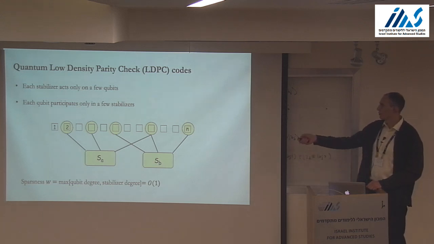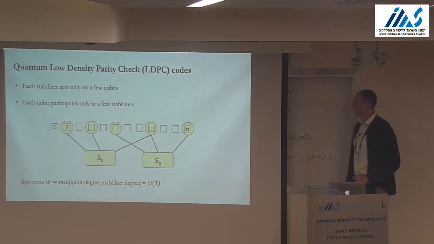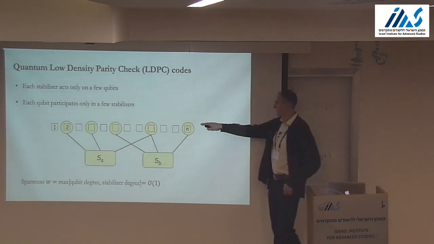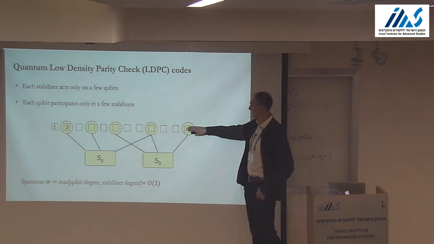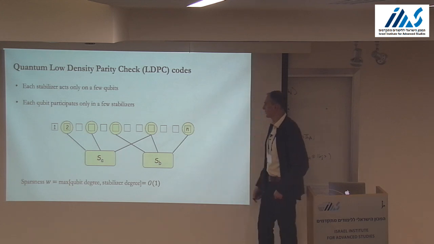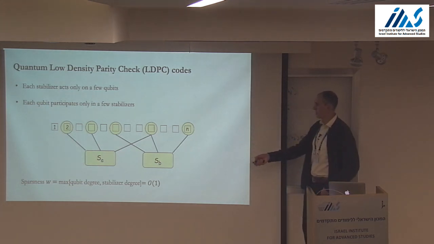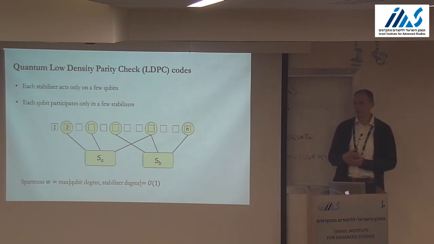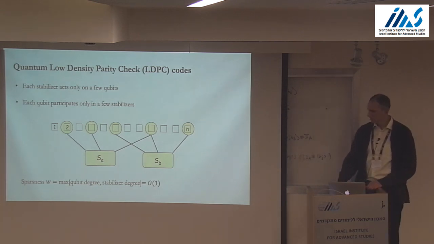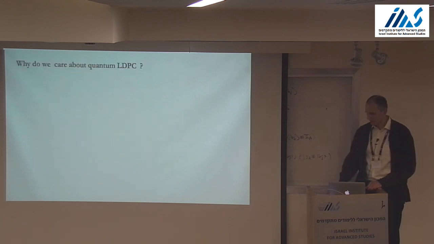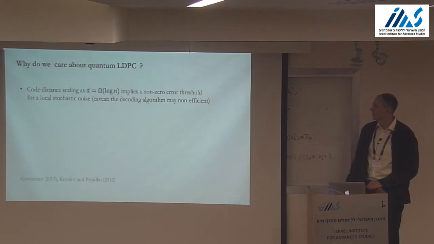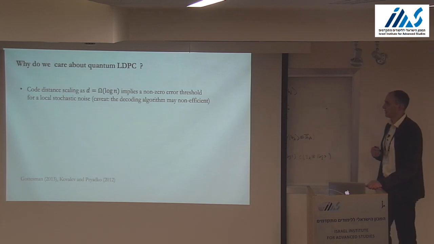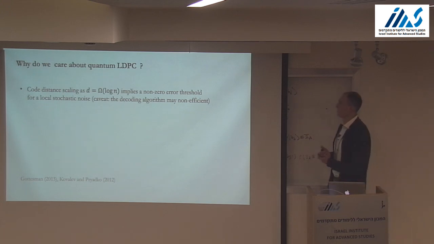And we quantify this definition using a sparseness parameter. So we can draw this graph with qubits on one side and stabilizers on the other side. And we define sparseness of the code as the maximum vertex degree of this graph. There are several reasons why people are interested in quantum LDPC codes.